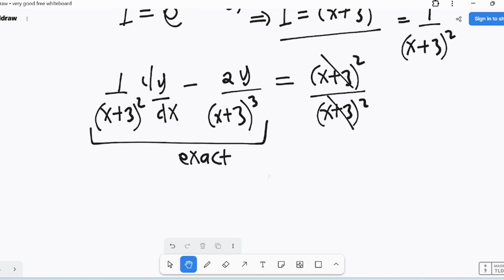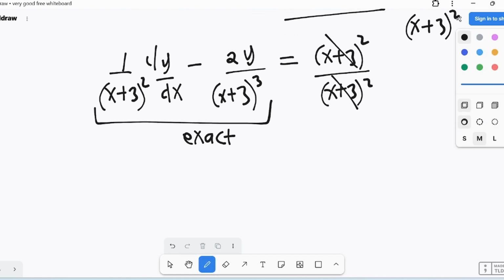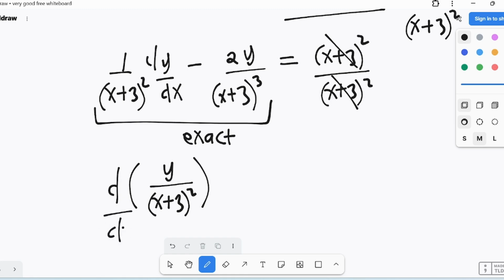Retracing, the derivative of y out of (x + 3) squared with respect to x will be equal to 1. If you haven't watched my video about the exact DE, please go and watch it. I'm also going to link it in the description.